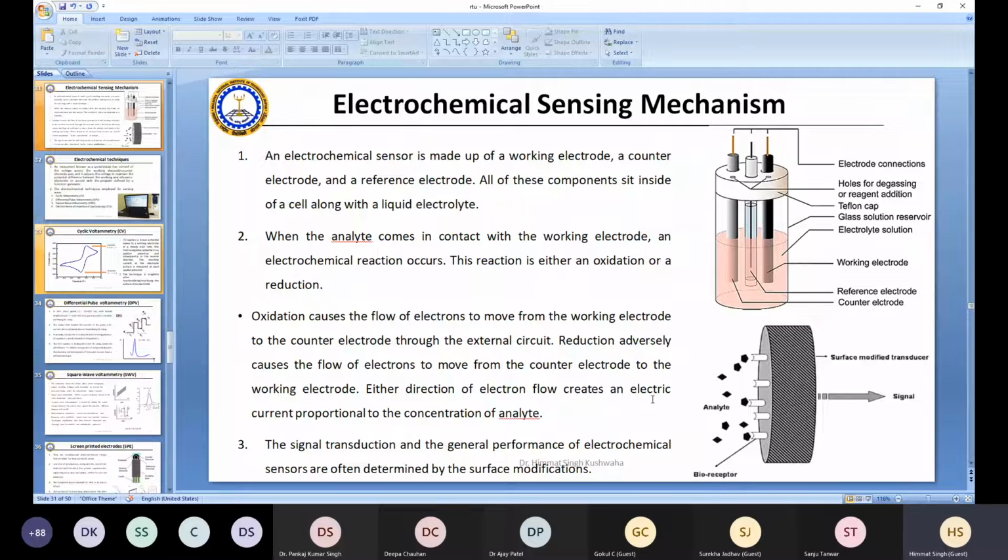In the sensing mechanism, oxidation and reduction reactions occur when the analyte is adsorbed over the surface of the sensor, and then it generates an electrical signal in the form of a voltage or current signal.